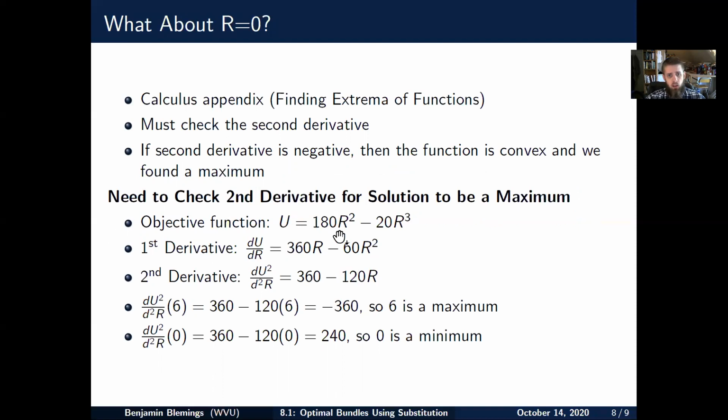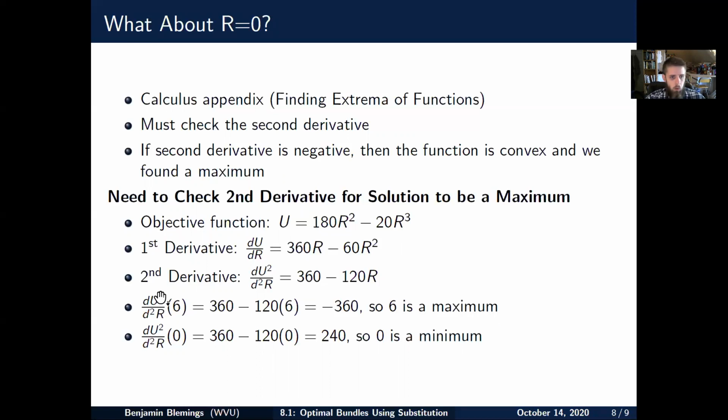The utility function is 180r squared minus 20r cubed. The first derivative, which I showed you earlier, was 360r minus 60r squared. And the second derivative is just 360 minus 120r. Pretend this r is to the first power. 1 times 360 is 360. Take 1 off the power, r to the 0 is 1, and you get 360. I'm not going to do this one, but by the same logic.